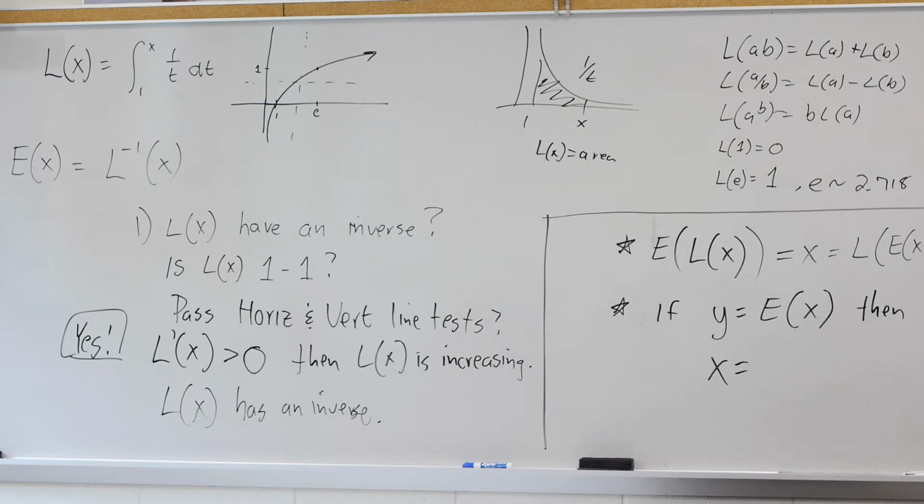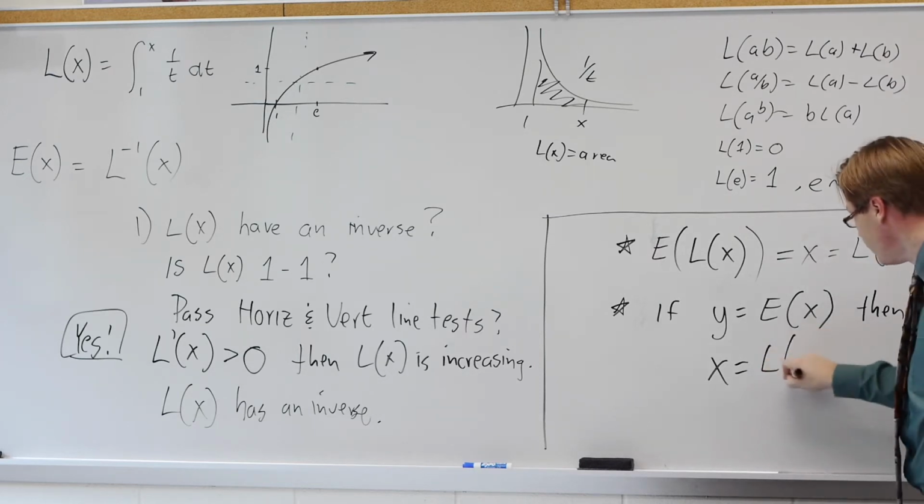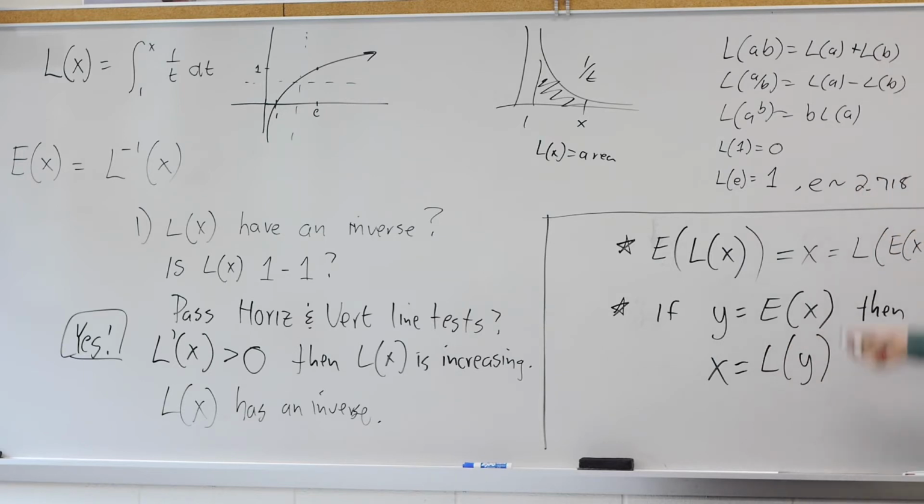L of y. Because you could just apply L to both sides here and get x equals L of y. So if one coordinate is E of x, the other coordinate is L of y. Right? They're inverse functions.